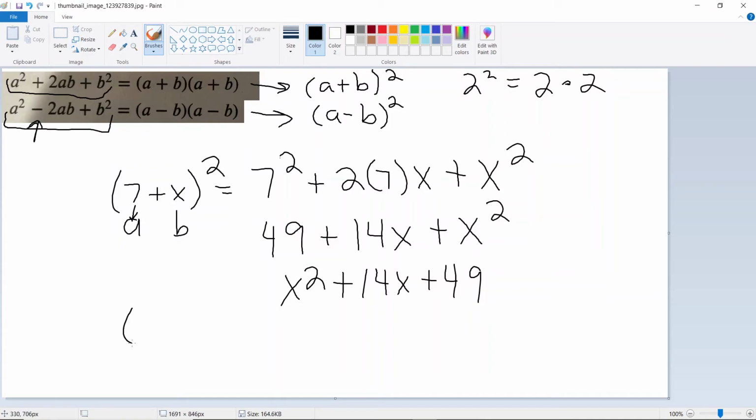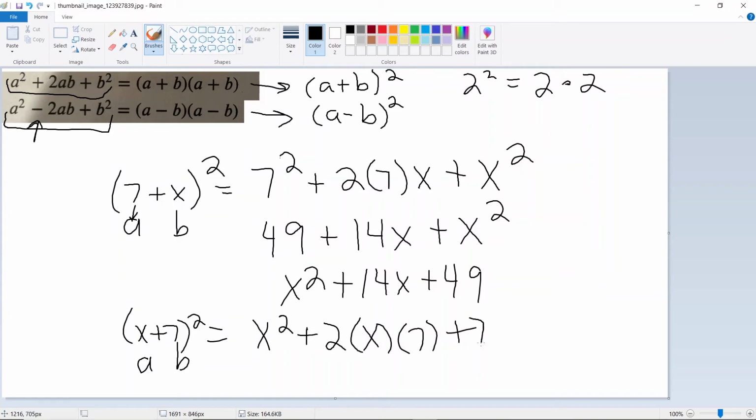Remember, x plus 7 squared is equal to x squared plus 2 times x times 7 plus 7 squared, and that's x squared plus 14x plus 49. Looks the same.